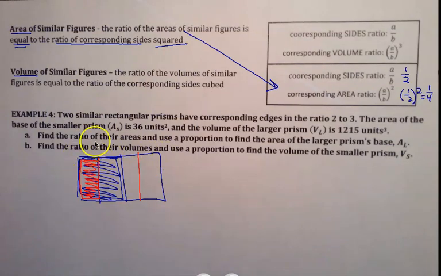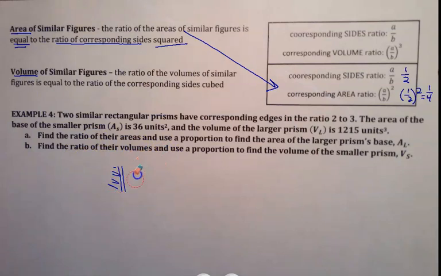Then for the volume of our similar figures. The ratio of the volumes of similar figures is equal to the ratio of the corresponding sides again, but this time it's cubed. Remember, that's the power of 3. So if we do that same thing, our corresponding sides ratio is A over B, so our volume is going to be A over B cubed.